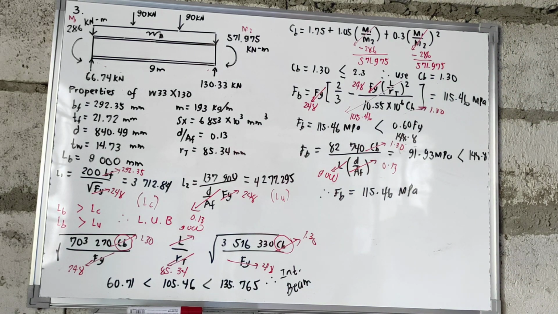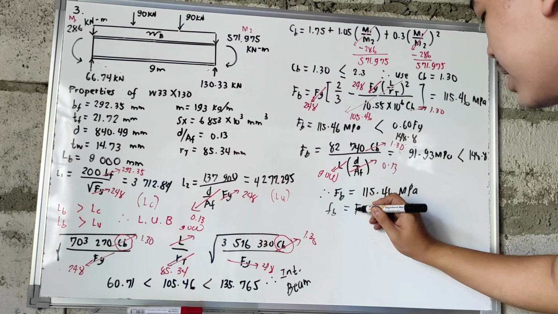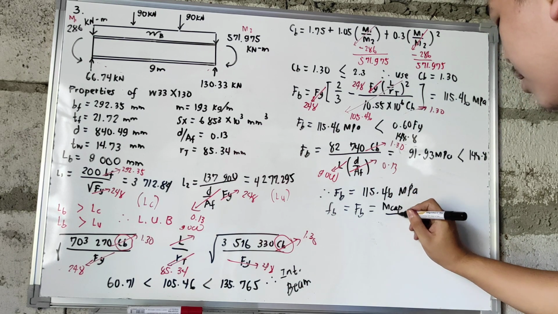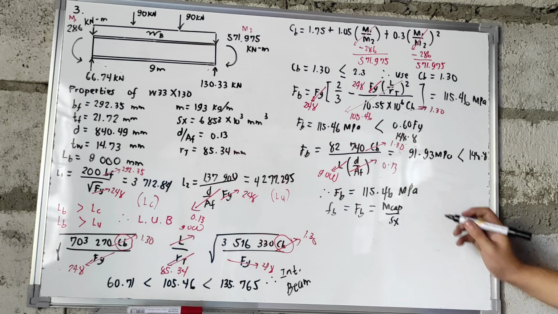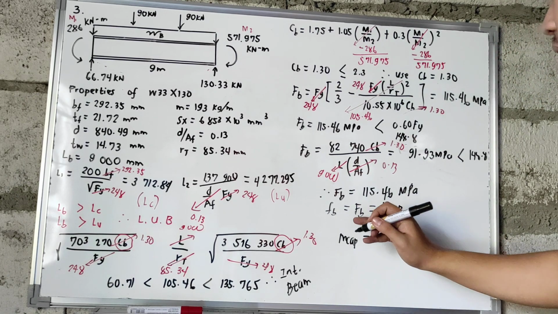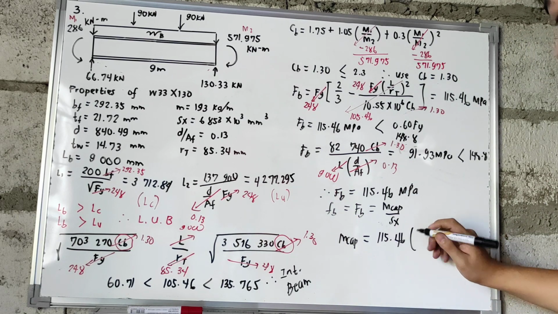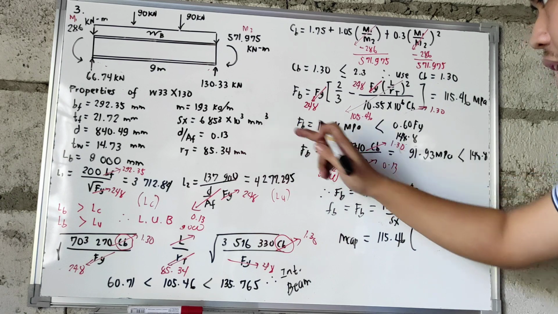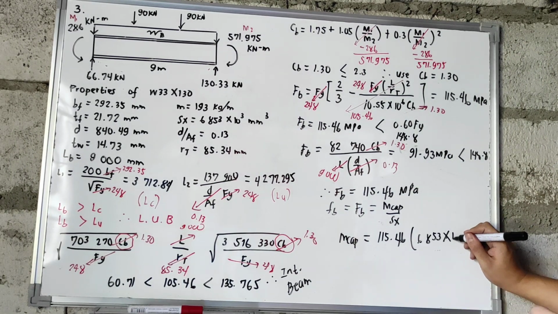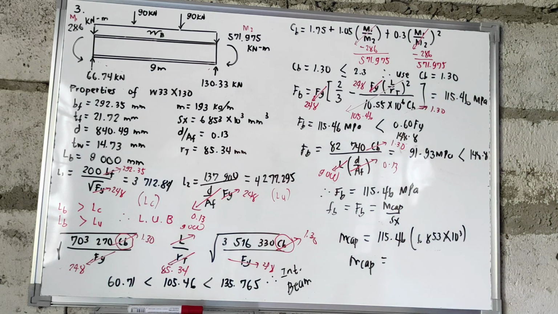So, since it is ASD, yung actual bending equal lang siya dun sa allowable, which is equal sa M capacity all over S sub X. So, makukuha na natin yung value ng M capacity natin. The value of F sub B is 115.46. The value of S sub X is given, 6853 times 10 raised to 3.